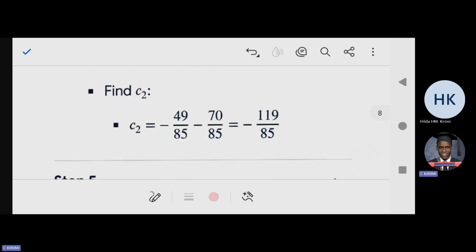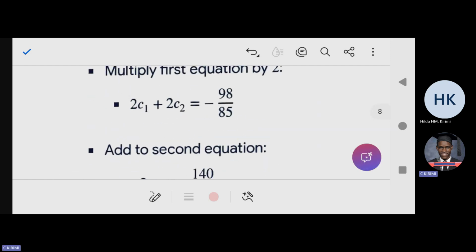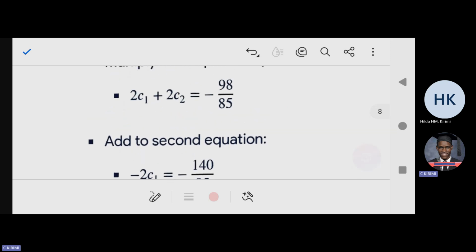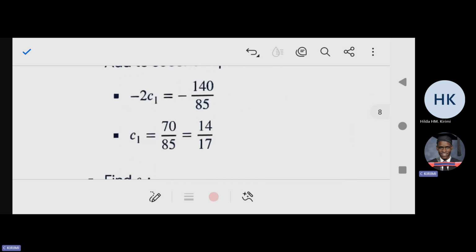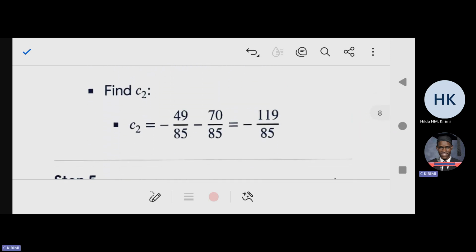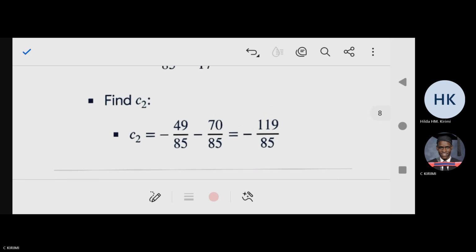So we find our C2. Or you can use this one by dividing both sides by 2, which is C1 plus C2 is equal to negative 49 over 85. So C1 plus C2.